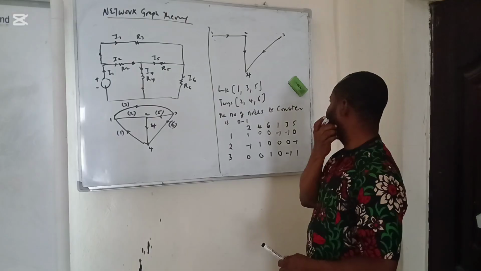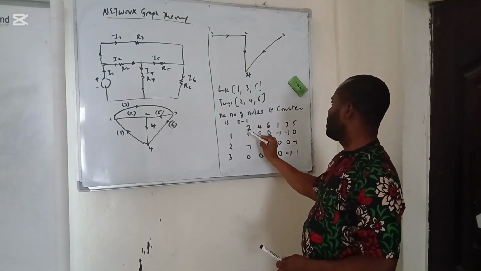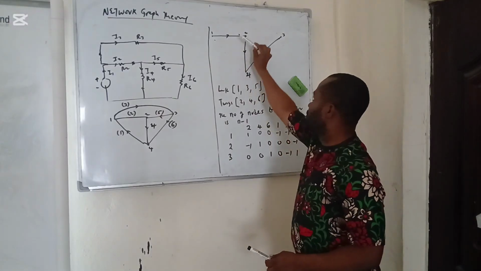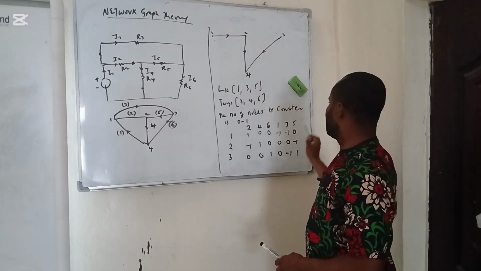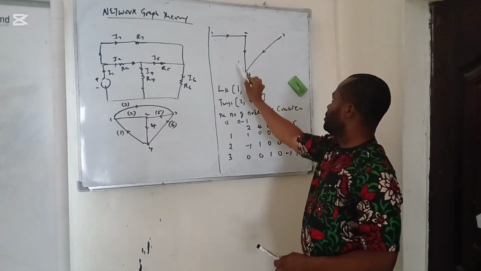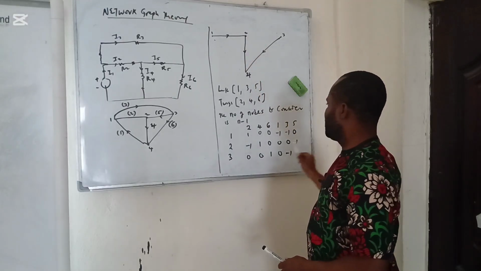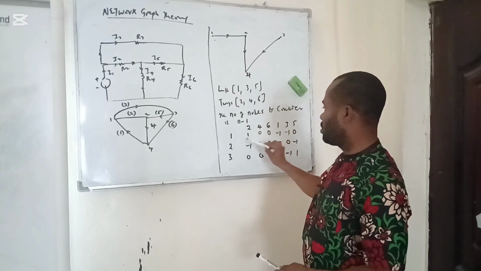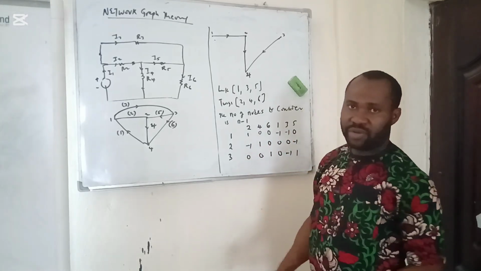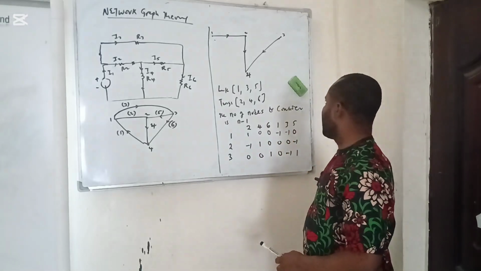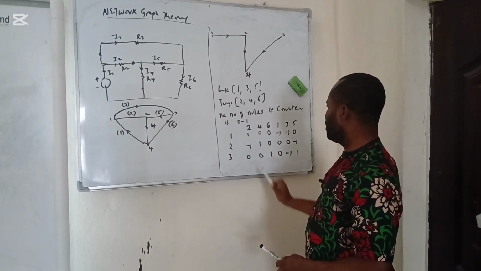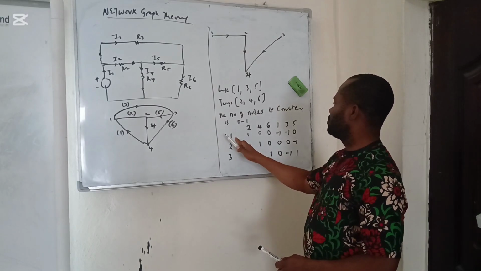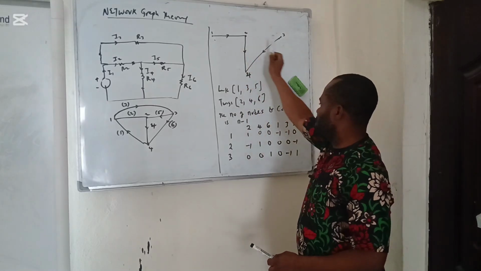Let's do a recap. You have to present the twigs 2, 4, 6, and the links 1, 3, and 5. And you consider n minus 1 nodes, so you have 1, 2, 3. Ignore the last node, and also consider the relationship. First of all, we have 1 to 2, and it's moving away.